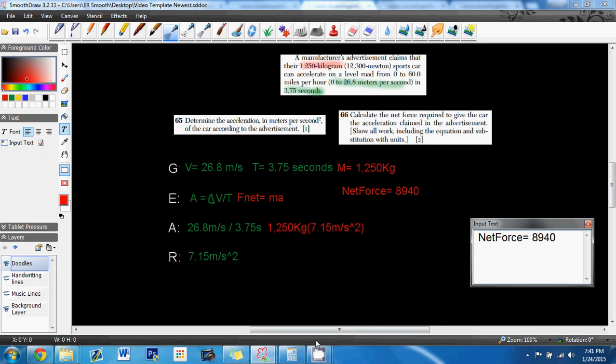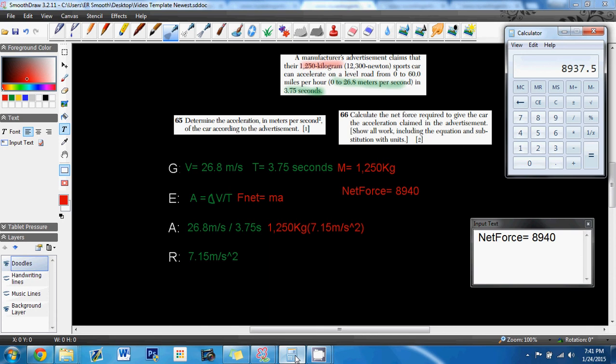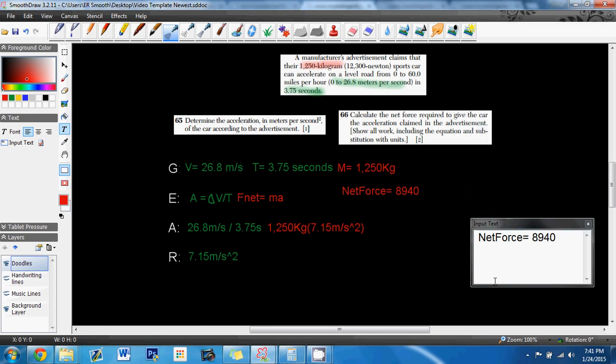That's what we got, right? We can round that to 8,940 newtons. Alright, so that's our answer. That's how you find the net force and the acceleration.